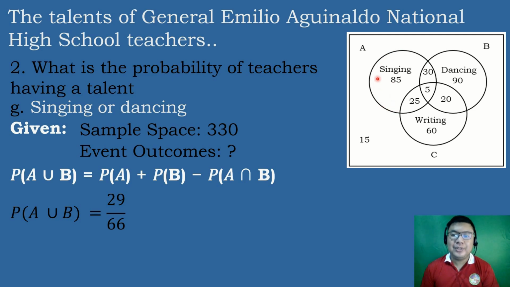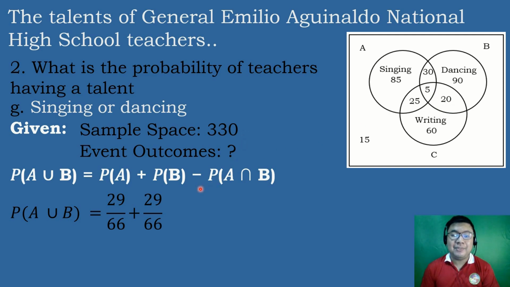So what we will do here is we will be adding these numbers over 330, and then the lowest term of that is 29 over 66, plus the probability of B, wherein we will be looking at the circle, so we will be adding 30 plus 90 plus 20 plus 5, all over 330.